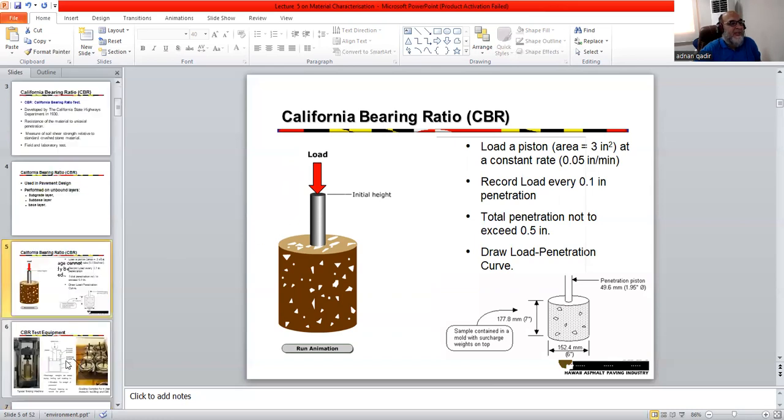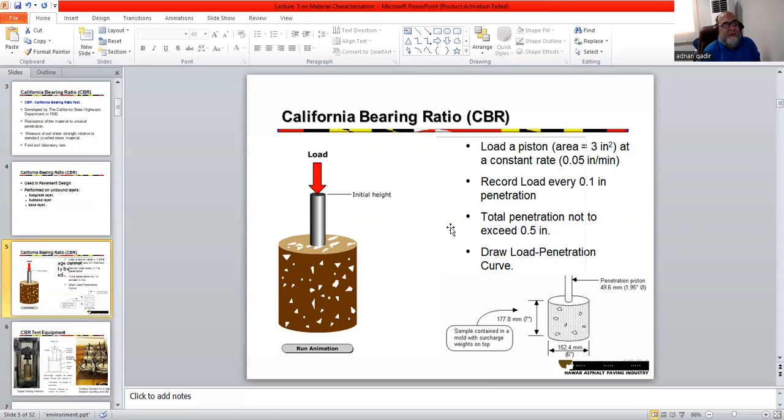There are a few things that should be noted in the CBR test, one of which is that the samples are prepared at a moisture content that represents the maximum dry density of a soil sample.